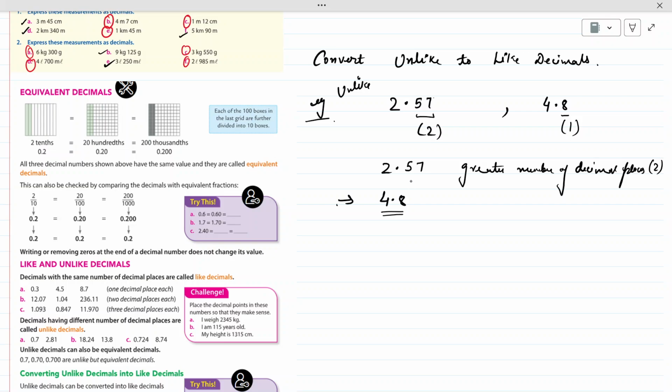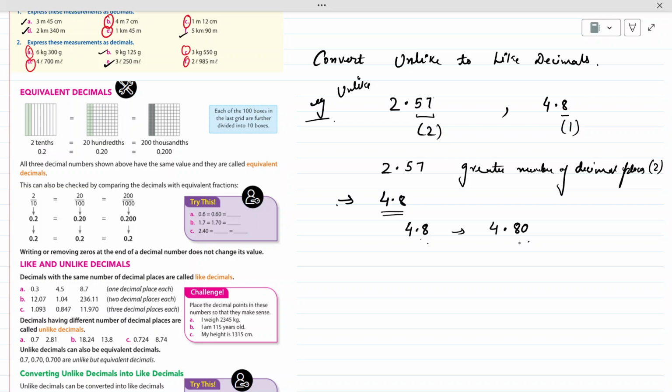And kids, as we have learned the concept of equivalent fractions, we have understood that if we add or remove zeros at the end of a decimal number, then the value is same. So what I can say is I can write 4.8 as 4.80. When I am writing 4.8 as 4.80, the value is same, right?